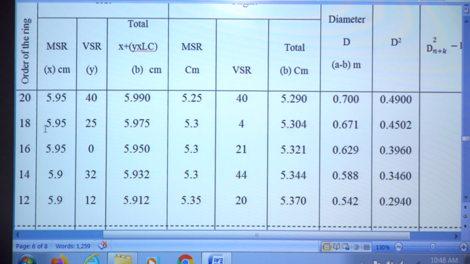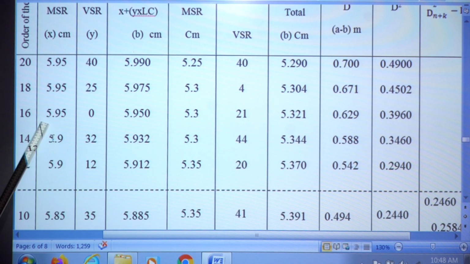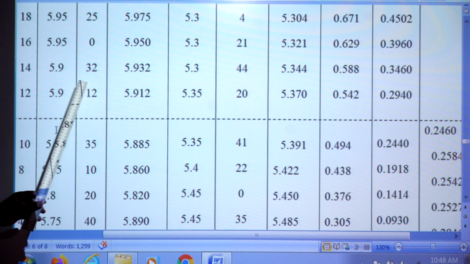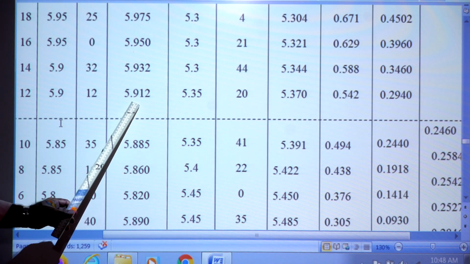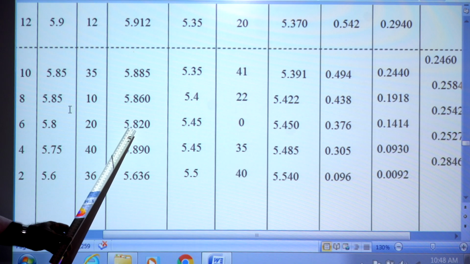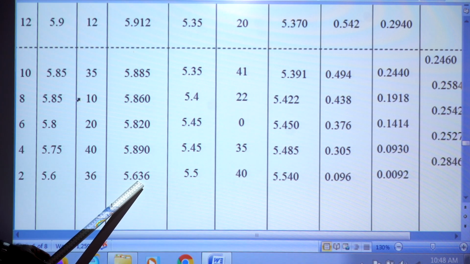Then for the 18th one the MSR is 5.95 and the VSR is 25, total is 5.975. Then for the 16th, 5.95 and 0, 5.950. Similarly for 14, 12, 10, 8, 6th and 4th, and for the second one we obtain the microscope reading.